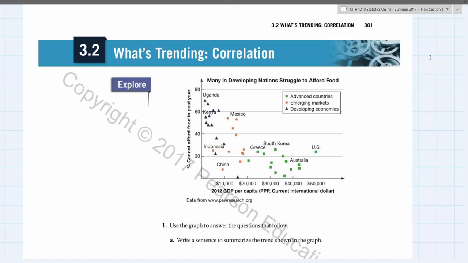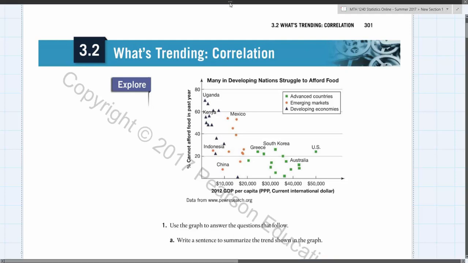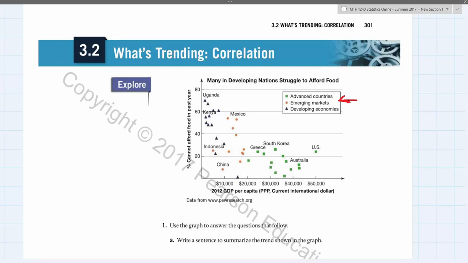We can also see that we have a key. So the green squares are advanced countries, the orange circles are emerging markets, and the purple triangles are developing economies.